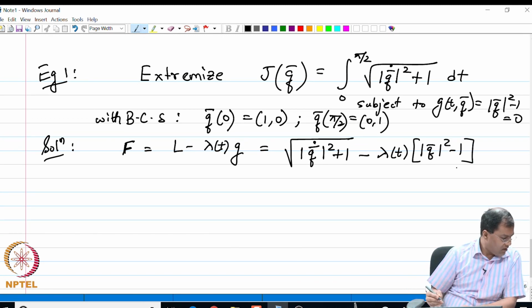This is the function to which we need to apply the Euler-Lagrange operator.